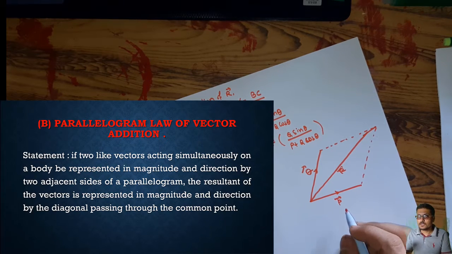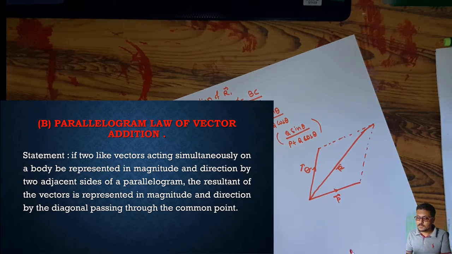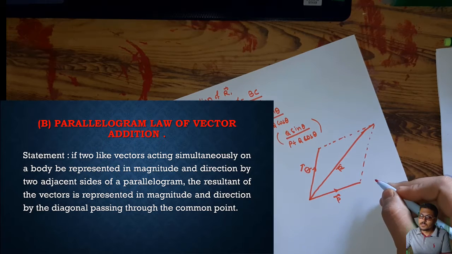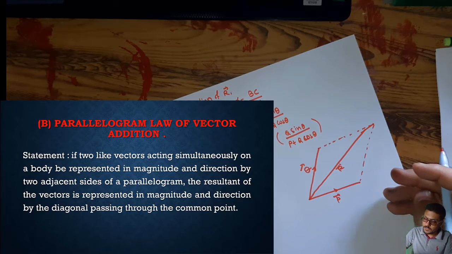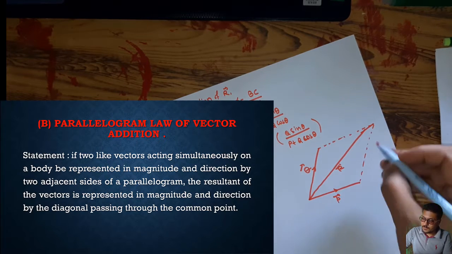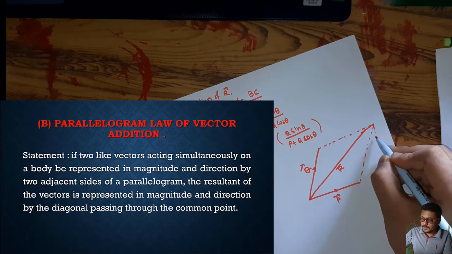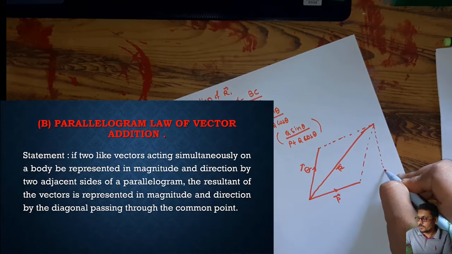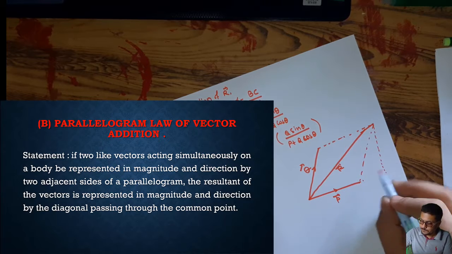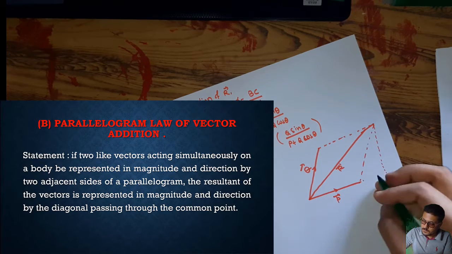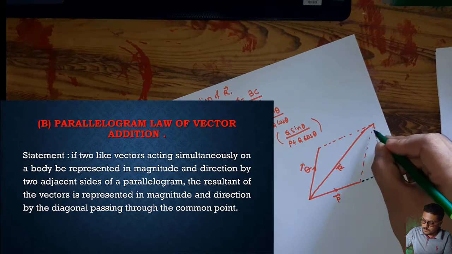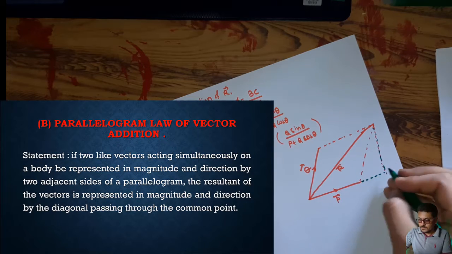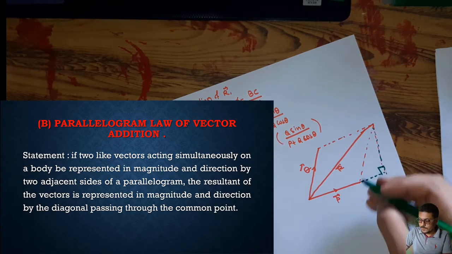Now here also we can solve this by using Pythagoras theorem. Similarly, whatever we had done in the previous case, we also do here. Now I had made a right angle triangle.